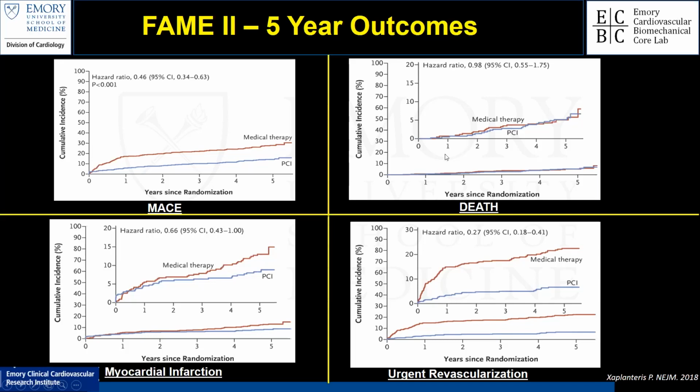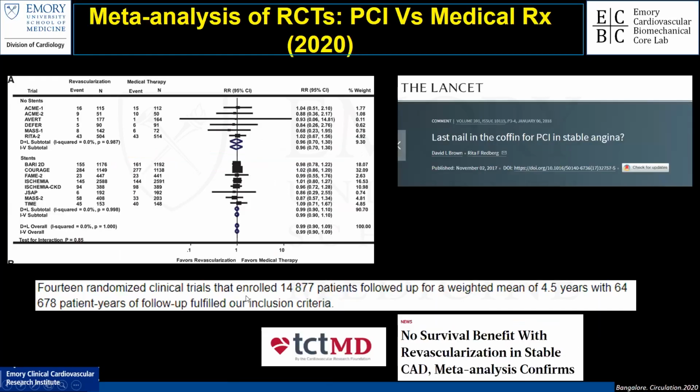Actually, the rates of death and the rates of MI were quite similar in both arms. So hence there was another round of meta-analysis. And again, the stories started that revascularization does not work in stable CAD.